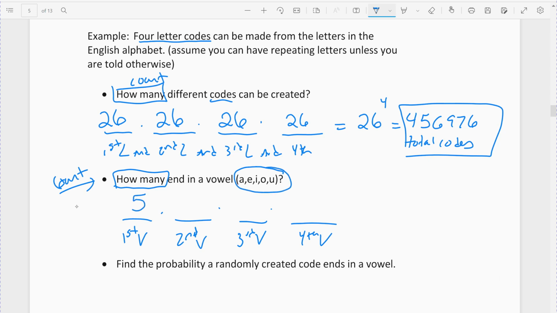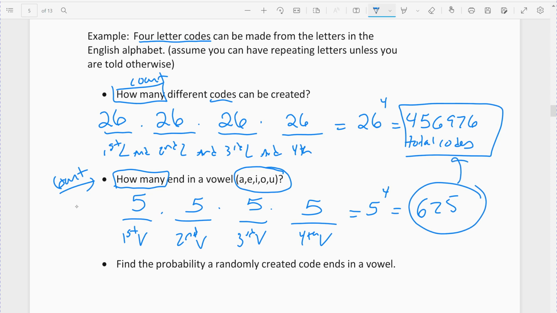So there's only 5 for the first one, then we get to repeat. So there's 5 for the second, 5 for the third, and 5 for the fourth. And so that would be 5 times itself 4 times, or 625 of those. So 625 codes with only vowels out of the total.